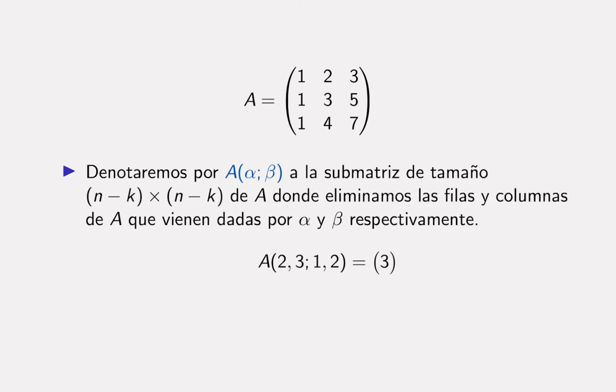So for example, if we take A parenthesis 23 semicolon 12, we eliminate the second and third rows and the first and second columns. So we only have the remaining element, which is 3.